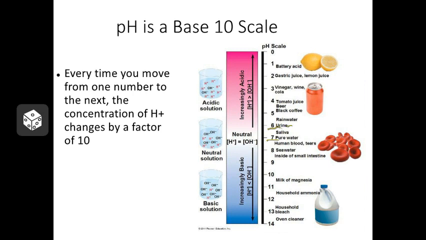The solution with the pH of 6 is going to have 10 times more hydrogen than the pH of 7. If I go from 7 down to 5, it's going to have 100 times more hydrogen in it than a solution with pH of 7. So it changes by a factor of 10.